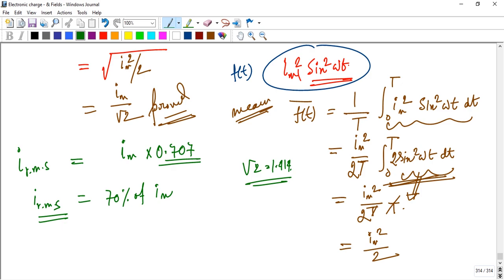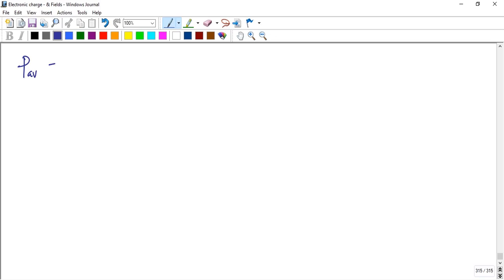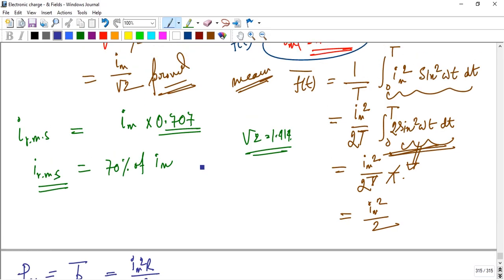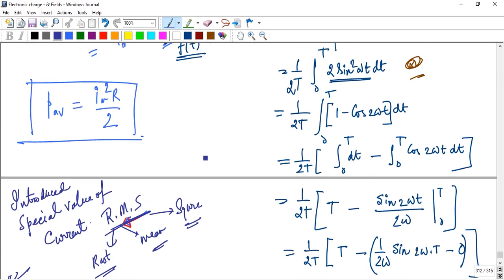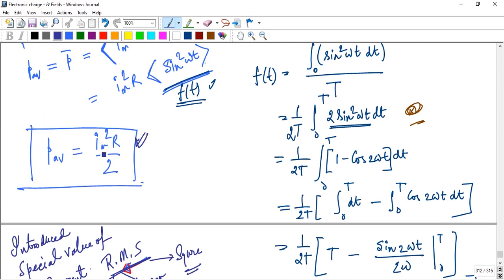The average power, P mean, we know is equal to Im square R by 2.